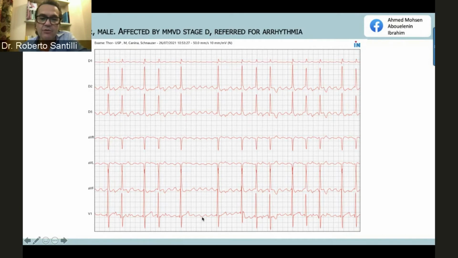And the right atrium is not fibrillating because it's very organized. The left atrium is not fibrillating because it's well organized. And the interatrial septum is not fibrillating because it's organized.